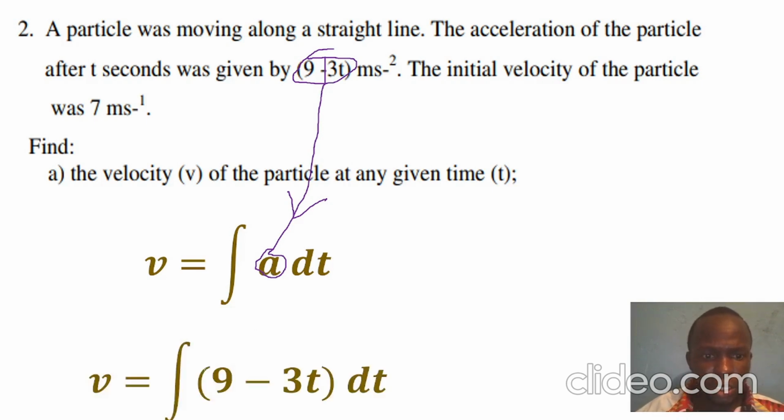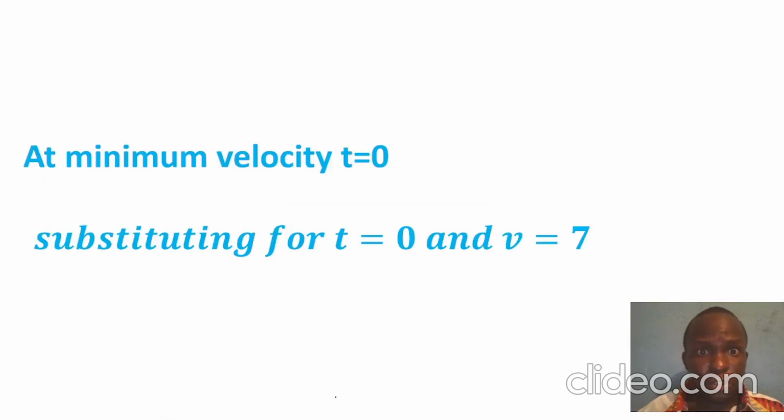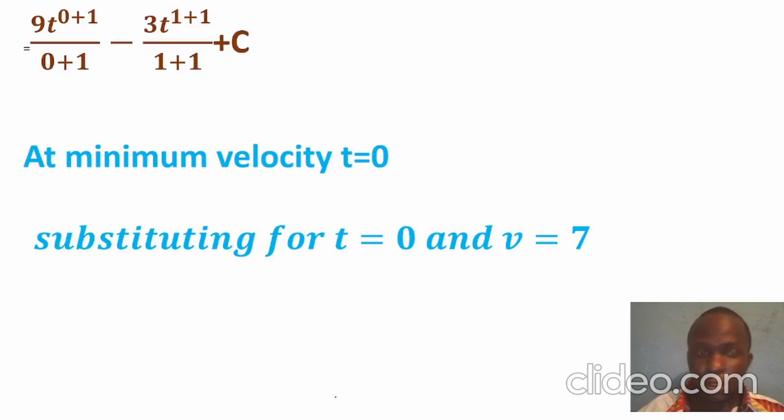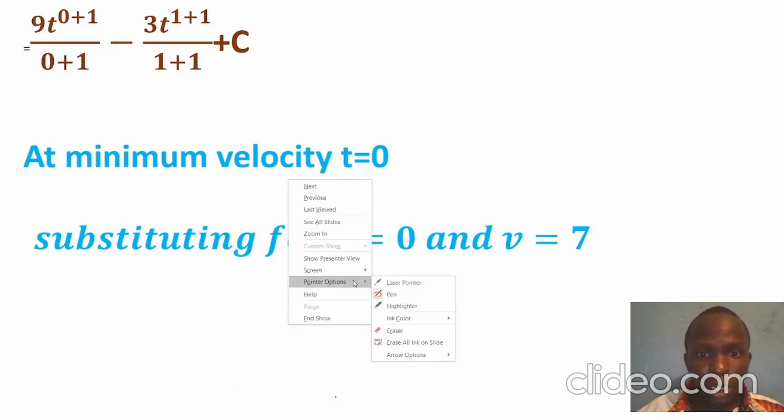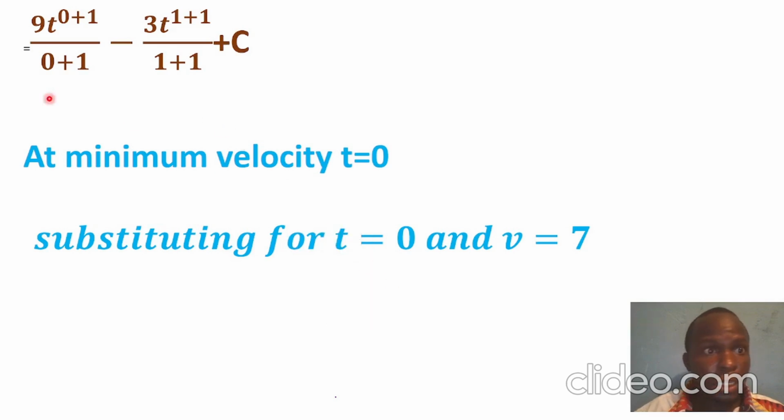Now you see, this is what has happened. This is the substitution. We have substituted the acceleration function. Next is to do the integration process. The integration process is as follows. Now you can see 9t raised to power 0 plus 1.